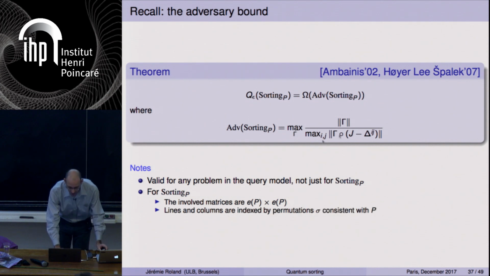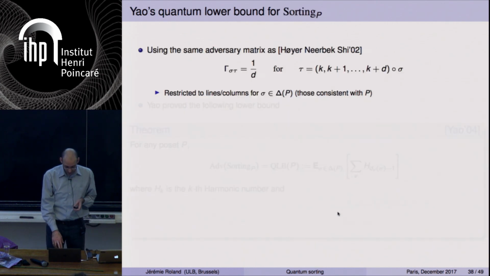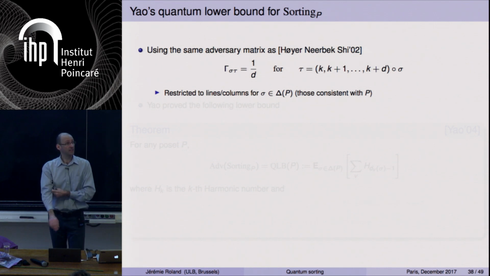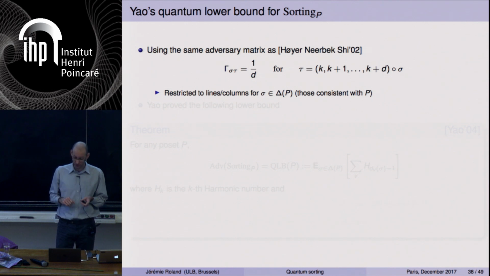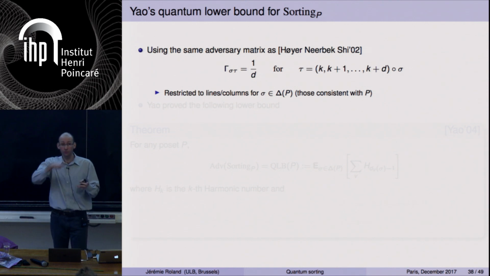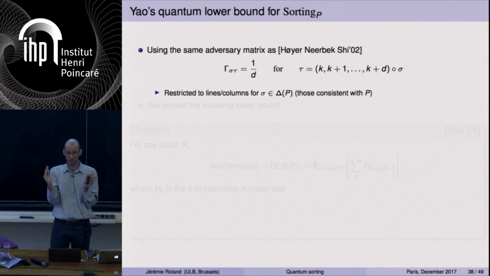So now the rows and columns of the matrices are indexed by permutations sigma that are consistent with your partial order. Yao attacked this problem, and he thought that actually the adversary matrix used by Hoyer, Neerbek, and Shi for the standard sorting problem might work. So he used the same adversary matrix, he just removed all the rows and columns that were not consistent with the partial order. So he gets a submatrix of this matrix.